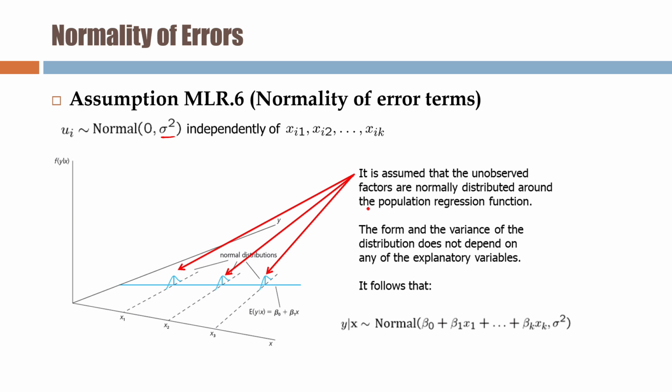So this is an assumption: we assume our error term, or residual, follows a normal distribution. So it's not that there is always a higher tendency to be positive or negative. We have an equal chance of a positive error and a negative error. Also the standard deviation or variance is a certain number, and that number will not change with my independent variable x, which means the variance is the same everywhere.